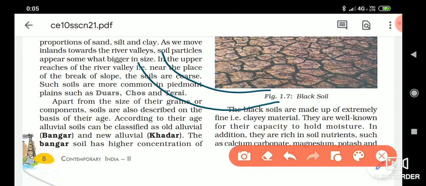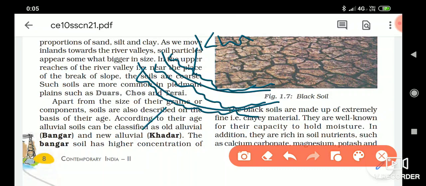So this is the river, suppose. All the clay material, all the small scattered stones which we get near the riverbed, these are called Khadar. Near the riverbed, all the material brought by the river, that is Khadar.